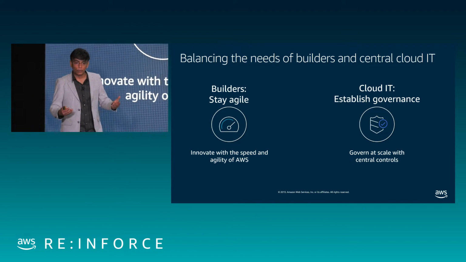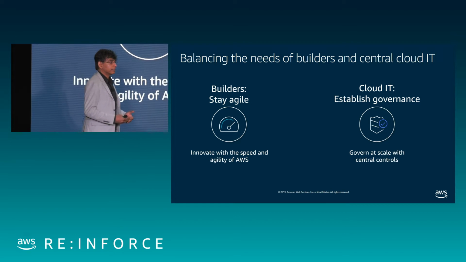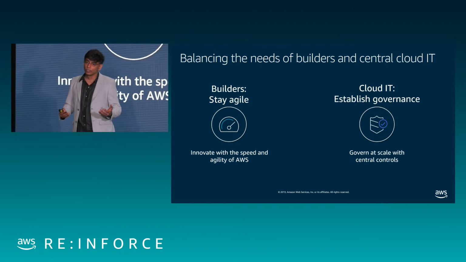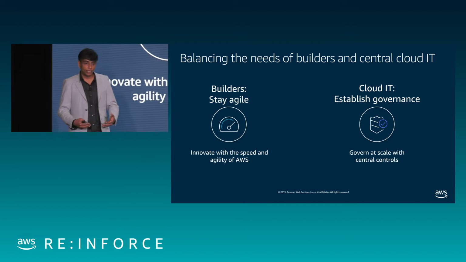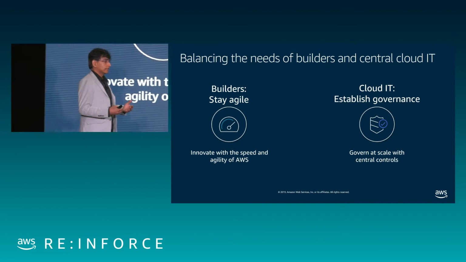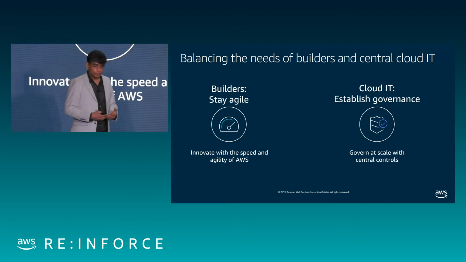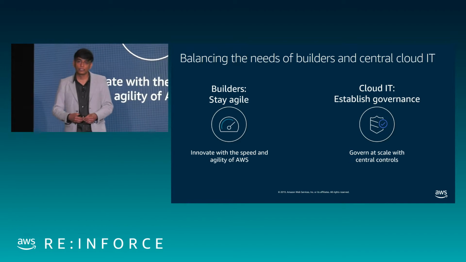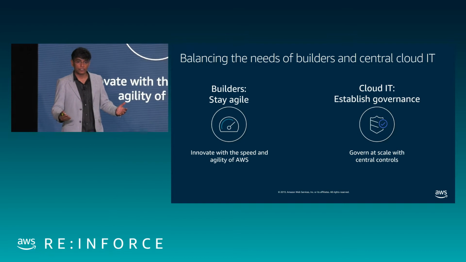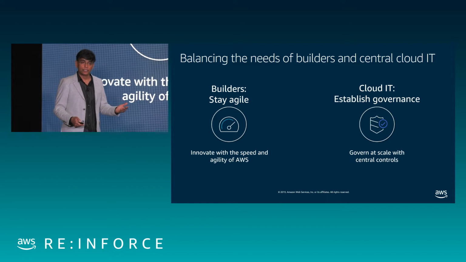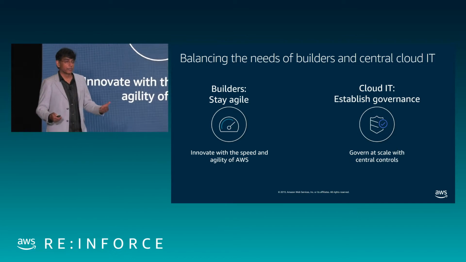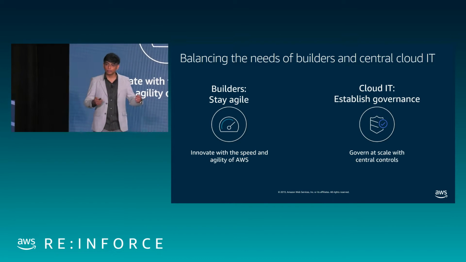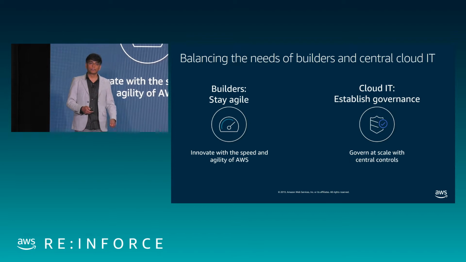On AWS, they really like the speed and flexibility that AWS offers, and they really don't want IT in the way. But cloud IT wants to establish central policies so they can have the governance in place. And it's usually a trade-off, right? And enterprises really do not like being forced into making a compromise between the needs of developers and the needs of IT.